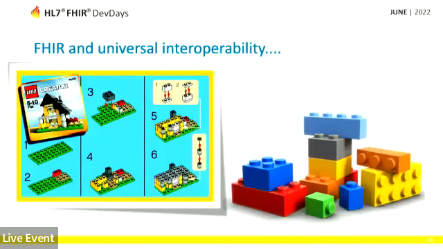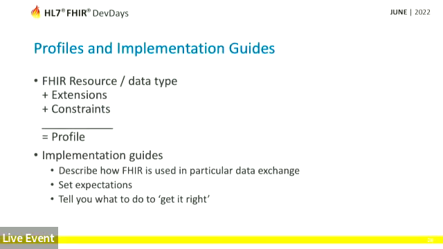We have FHIR implementation guides and FHIR profiles to be able to specify the FHIR specification further for our own needs, for our own projects, or for our organization. Or a country as well. You can have country-wide implementation guides and profiles.